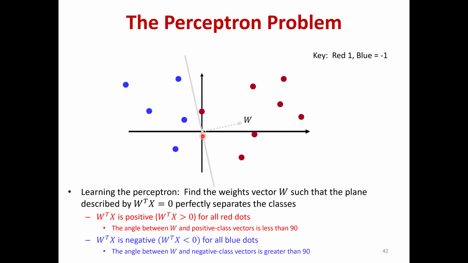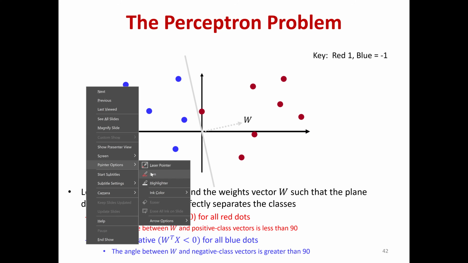Which means that if the angle between this weight vector and the data instance is less than 90 degrees, it's considered positive. If it's greater than 90 degrees, it's considered negative. That's a simple classifier. And we want to find a hyperplane such that all of the positive class instances are on one side and all of the negative class instances are on the other side, right?